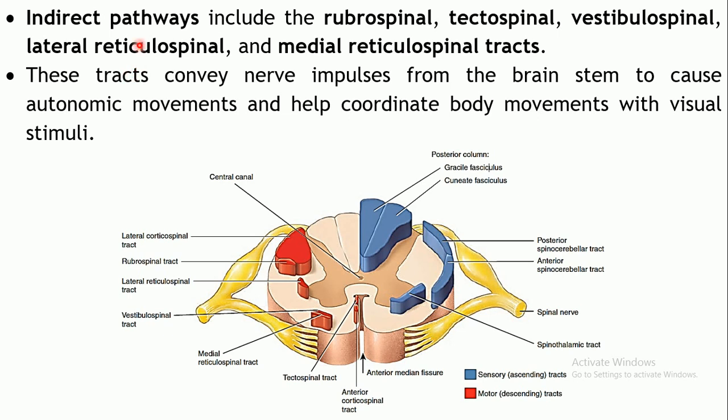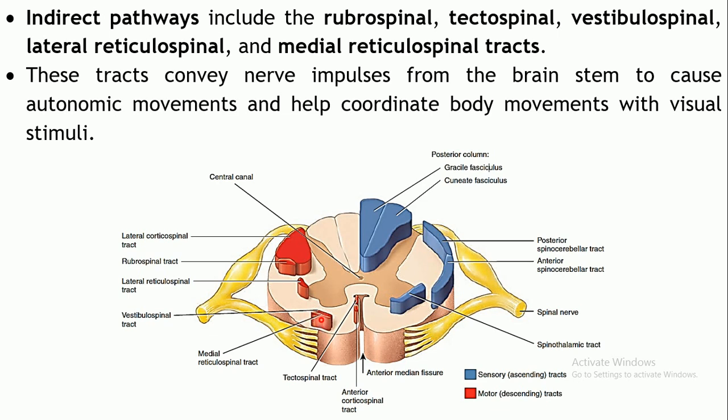Now, apart from this, there are indirect pathways which include the rubrospinal tract, the tectospinal tract, the vestibulospinal tract, the lateral reticulospinal tract, the medial reticulospinal tract.